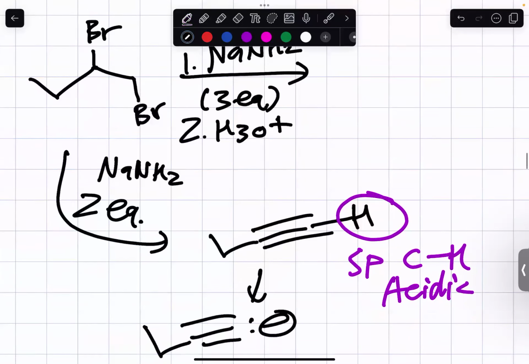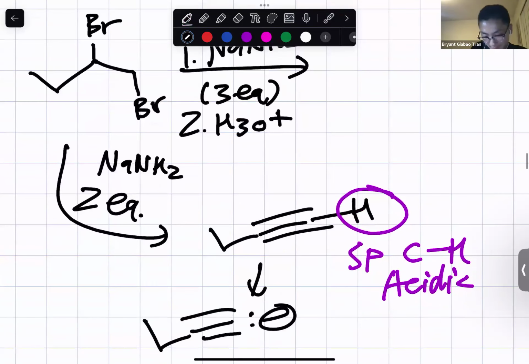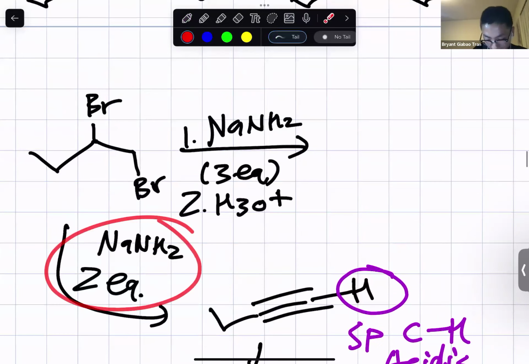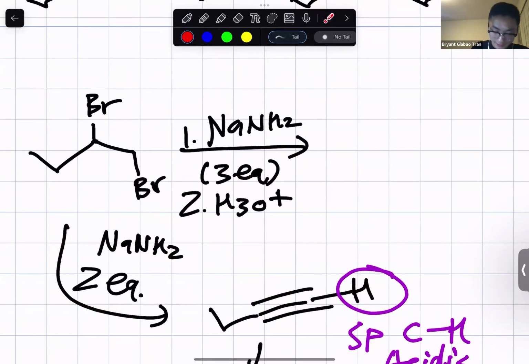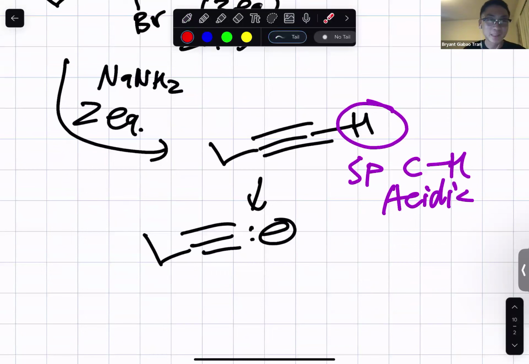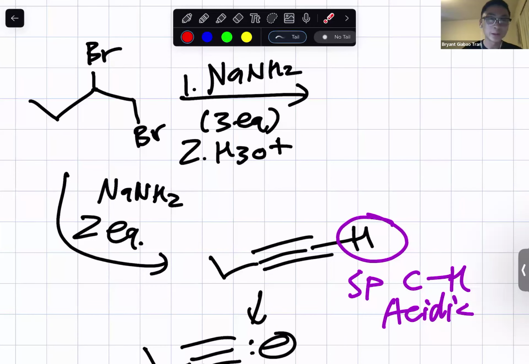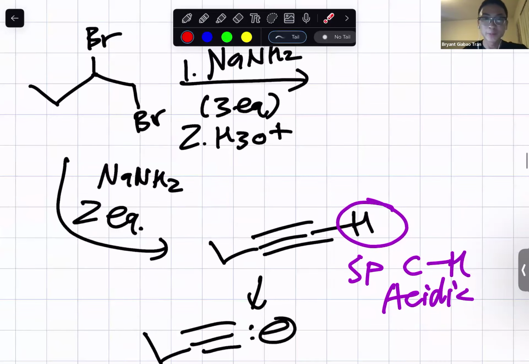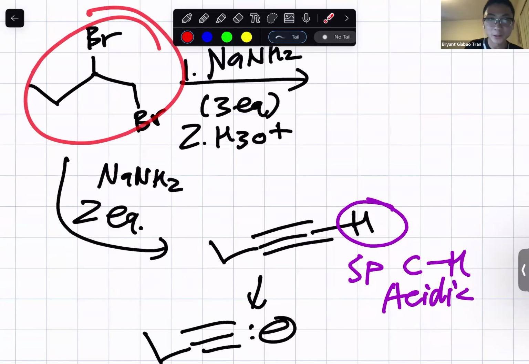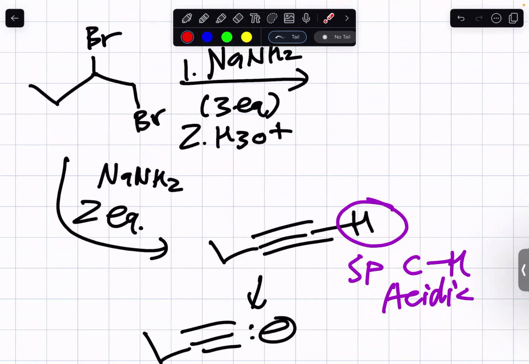It just deprotonates itself because whenever you use 2 EQ right here, it's kind of weird because the 2 EQ will get rid of one leaving group and the other leaving group, but there are still leftovers because in lab it's not that clean. On paper it looks clean like that with just 2 EQ. Oh, so practically speaking, it doesn't work like that. Yeah, it's just a lab thing. We want to go all the way down to the deprotonated version to make sure there's no leftover reactant molecule here. We get a high yield reaction basically. Okay, it's a practical lab thing.